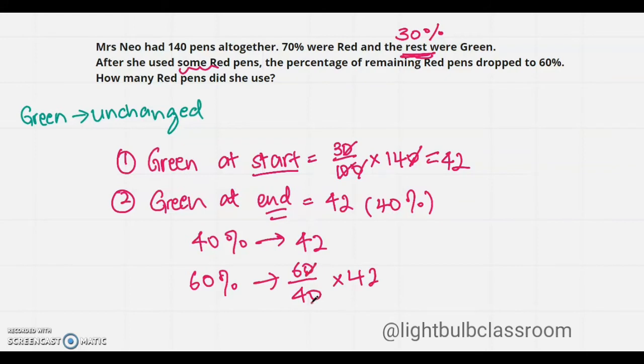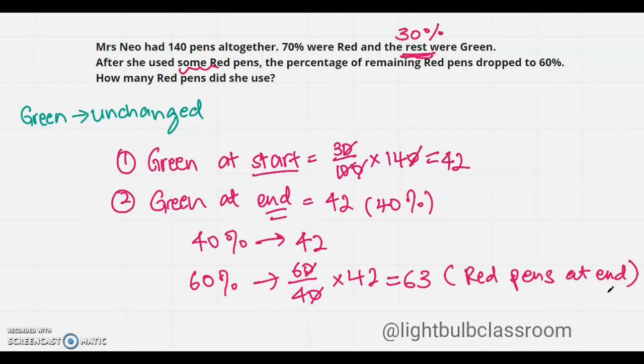So you can cancel, and then you can solve for this. So 60 divided by 40 times 42 would give me 63. So this is the number of red pens at the end.